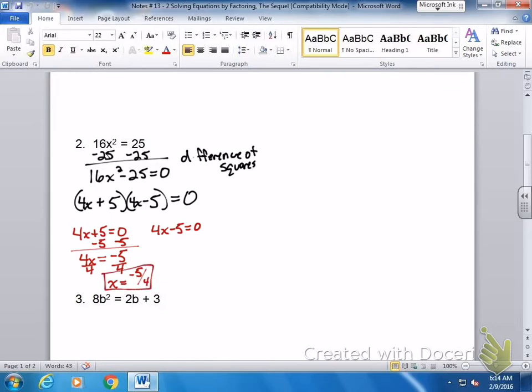Remember, I want them in fractions, not in decimals. The next one's almost exactly the same, except I add 5 to both sides. I get 4x equals 5, and when I divide by 4, I get x equals 5/4. So there are your 2 solutions. When it's difference of squares, the solutions will always be opposite signs of each other. All right, let's move on to number 3.